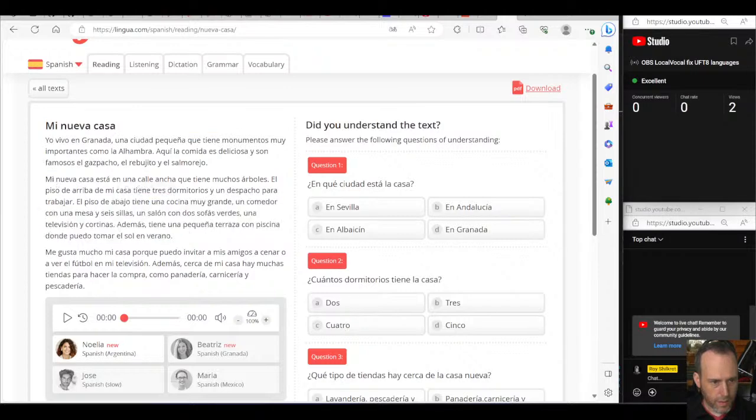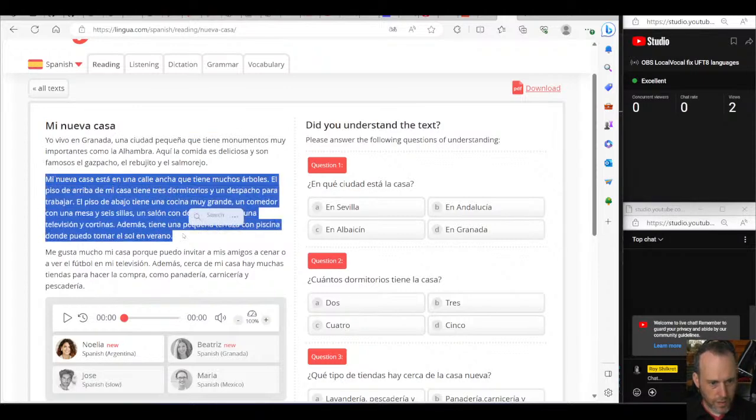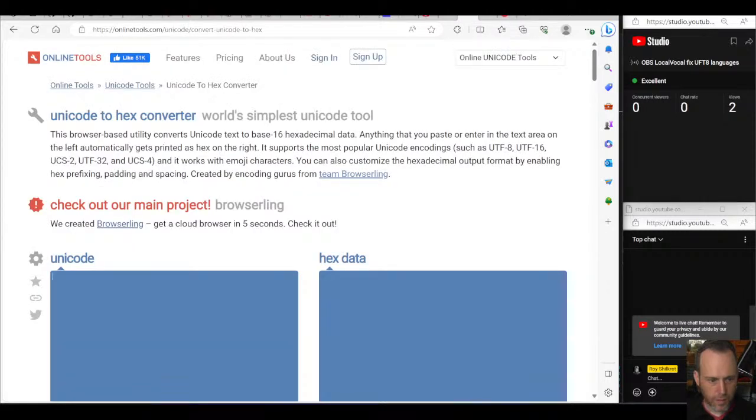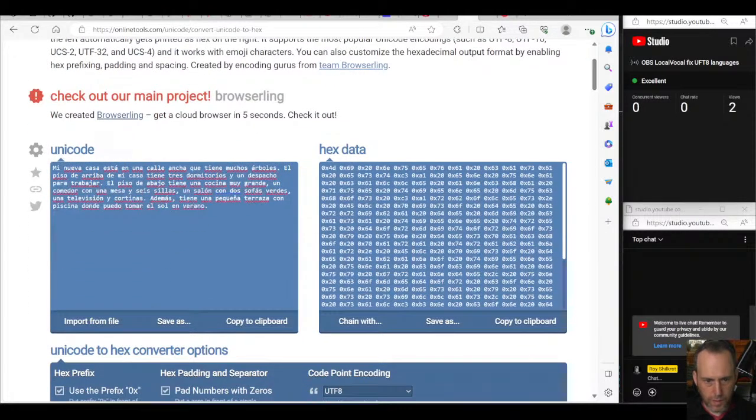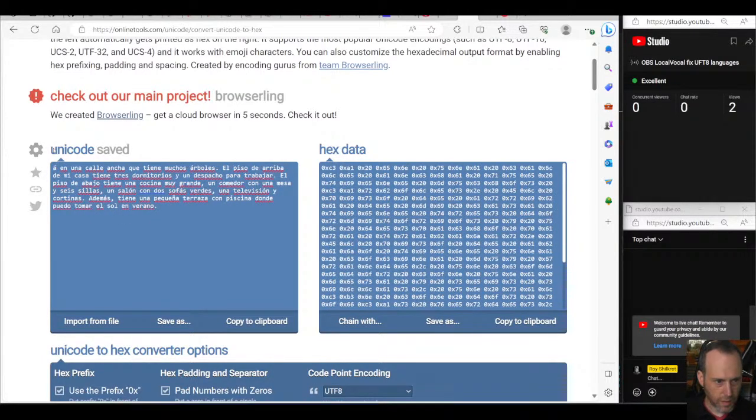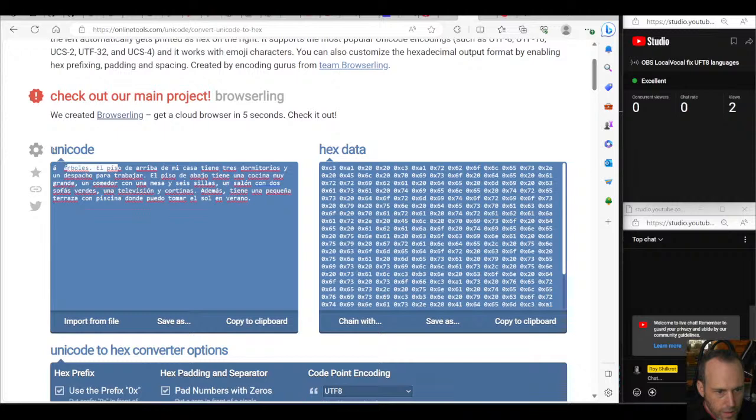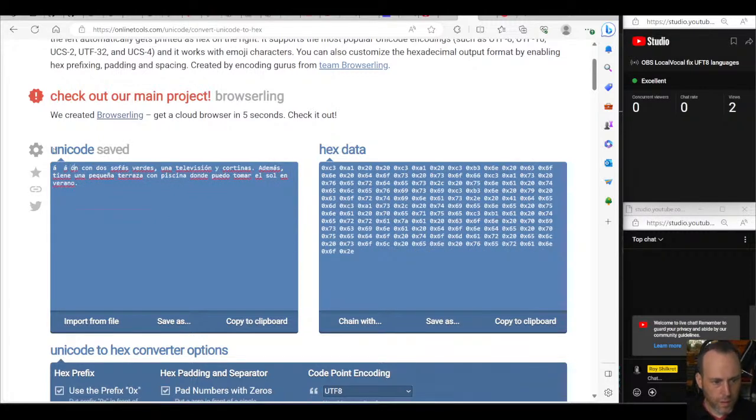Okay, let's get this sentence. It's got a few interesting things in here. Unicode. Really what we're interested in is just the ones with the accent, right? What else do we got? This one. I got the N in here.